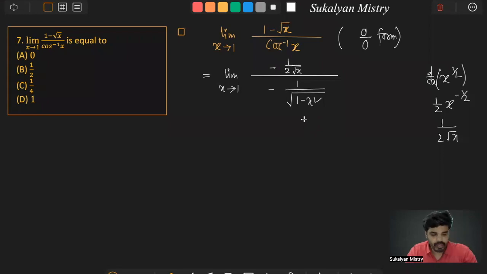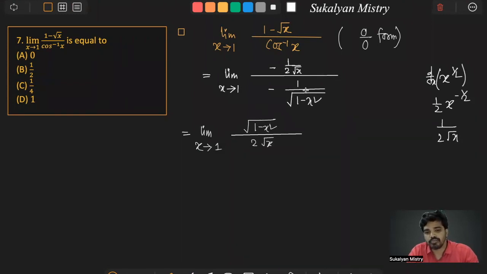Okay, now minus minus cancelled out. So what do we get? Limit x tending to 1, root over of 1 minus x square divided by 2 root x.